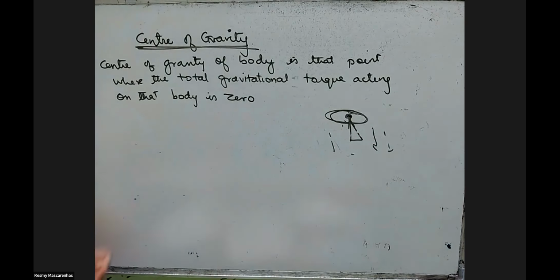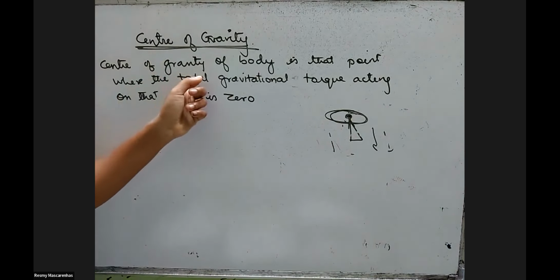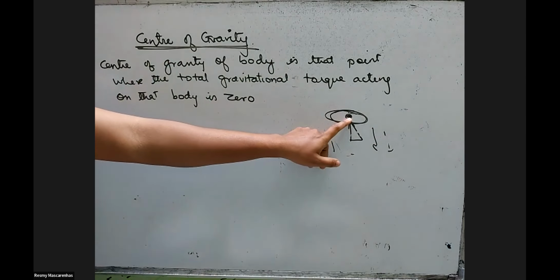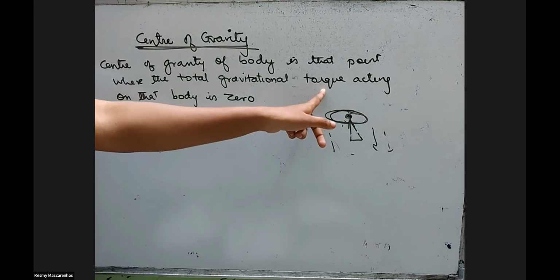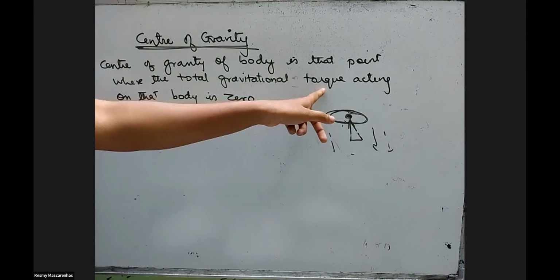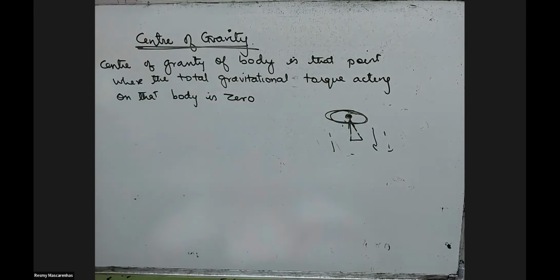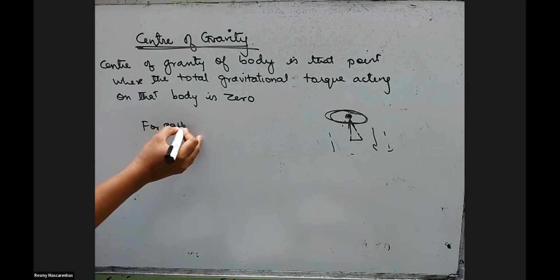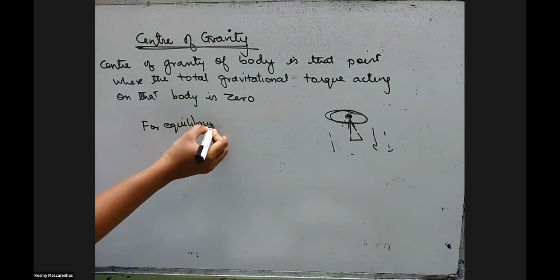The center of gravity of a body is that point where the total gravitational torque, for rotational motion we use the word torque, when it is spinning, on the body is zero. So for equilibrium, and this is at equilibrium, what is going to happen?